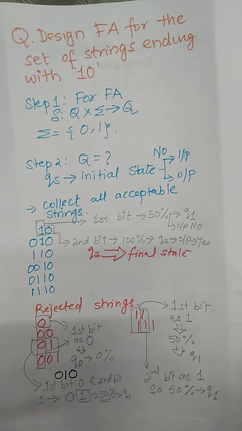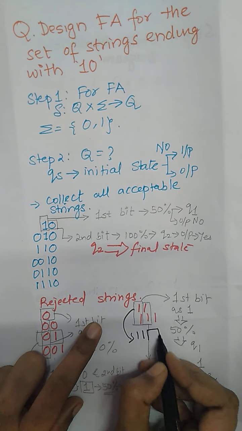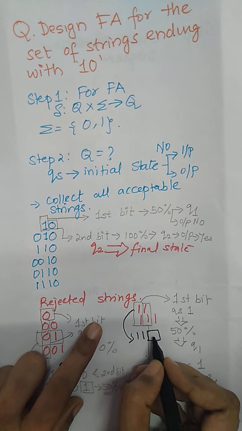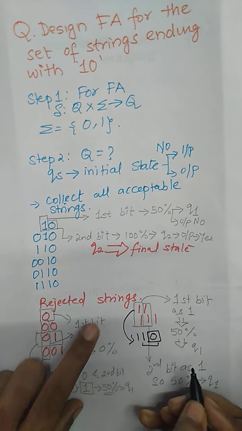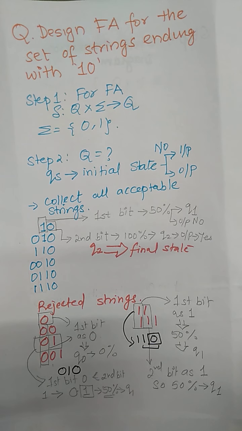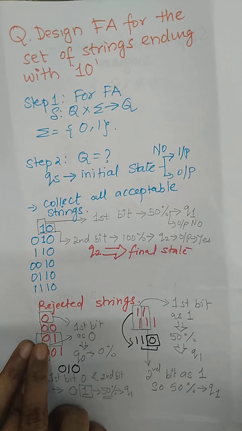Now this is a special case. If we consider 1, after 1 we can have any bit. For example, if the bit is 0, from Q1 it will jump to Q2. Similarly, the string 01 has started with 0, which means it contains 0% of the requirement.